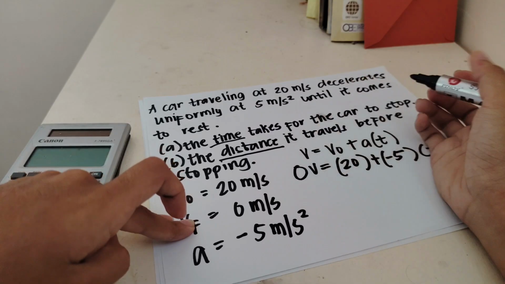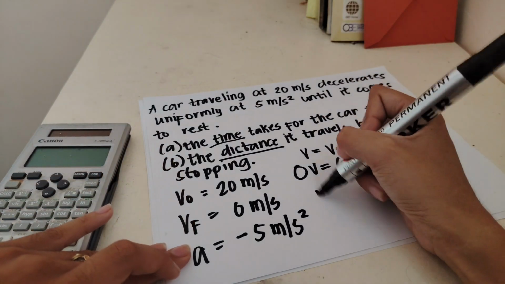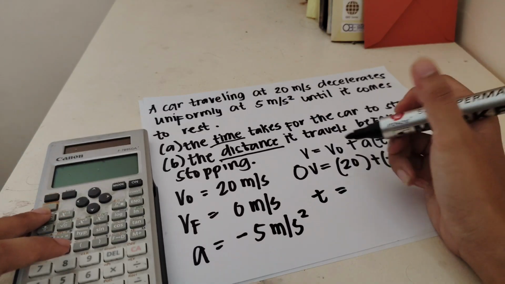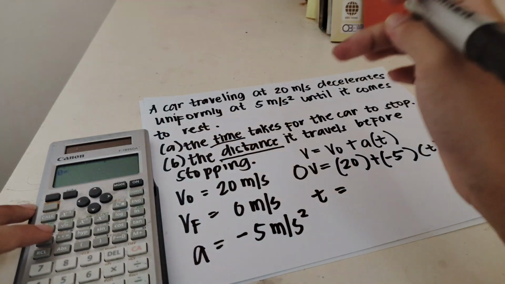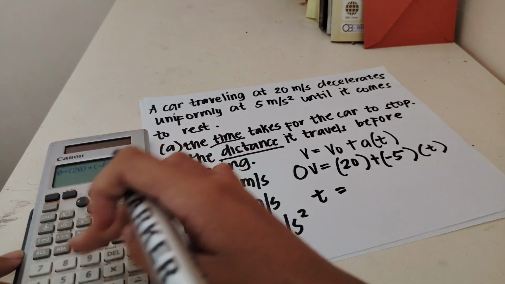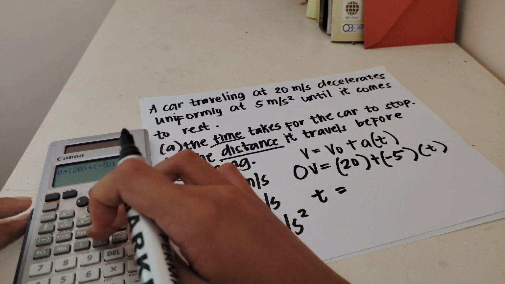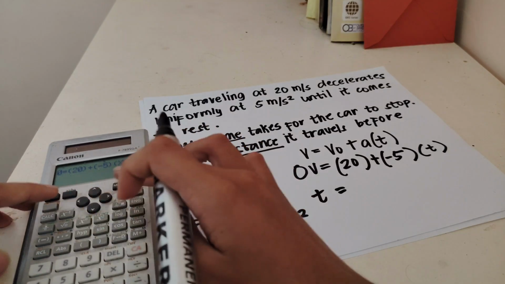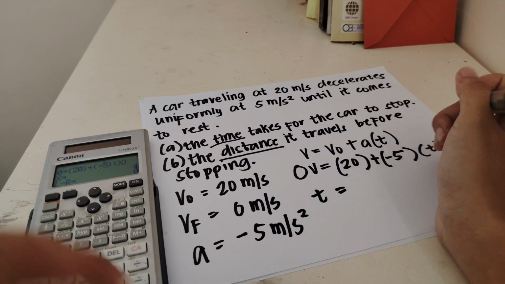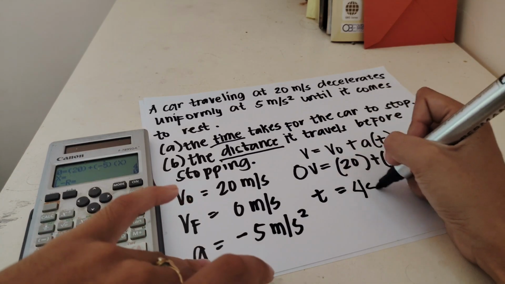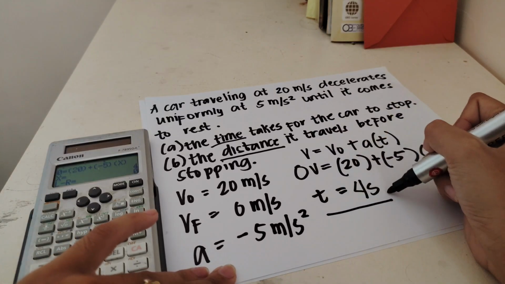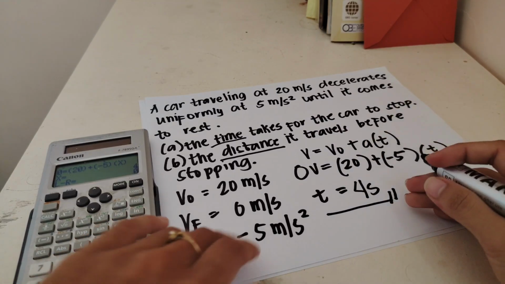So we will calculate it: 0 equals 20 plus negative 5 times time, so the time is 4 seconds. The car takes 4 seconds to stop.